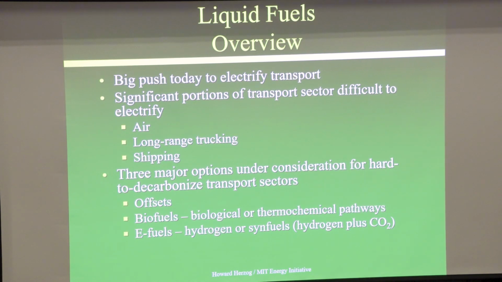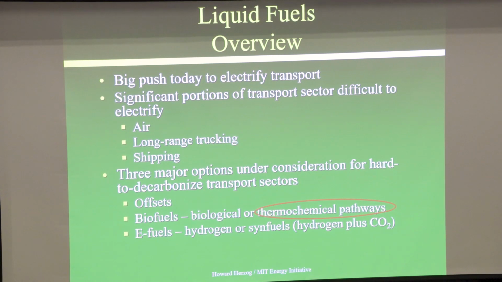People talk about thermochemical pathways, and then people are looking in the future at what they call e-fuels, fuels made from electricity, and that could be hydrogen. You can use electrolyzers to hydrolyze water, or synfuels that are made from CO2 plus hydrogen. Once again, it's the type of synthesis we talked about, using a Fischer-Tropsch type of process.